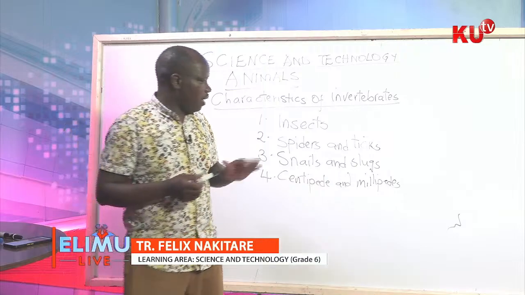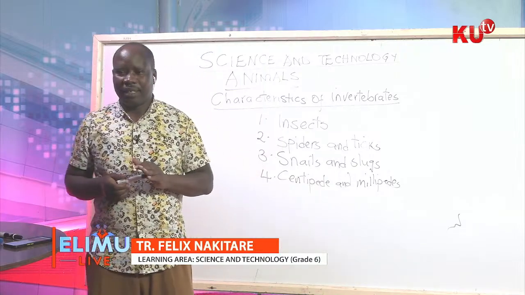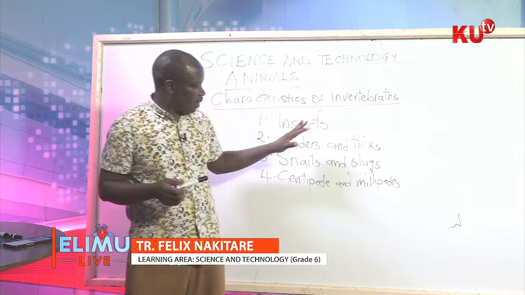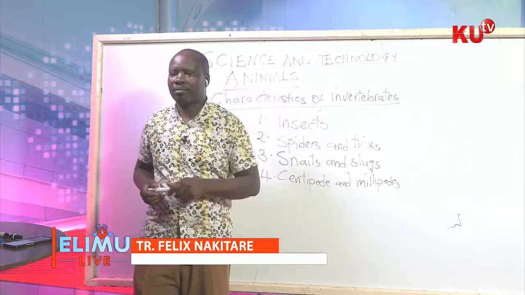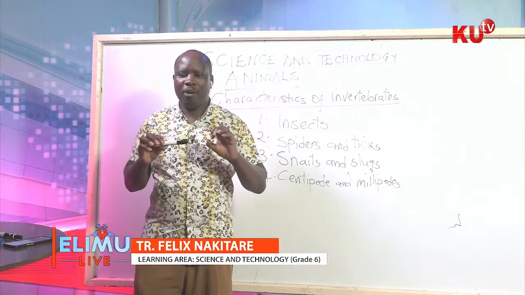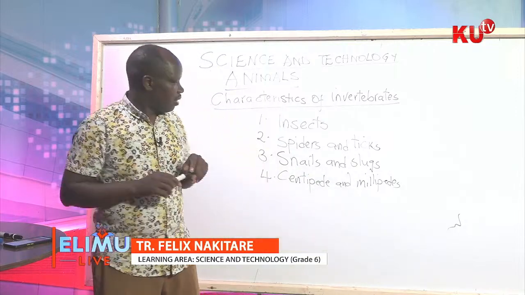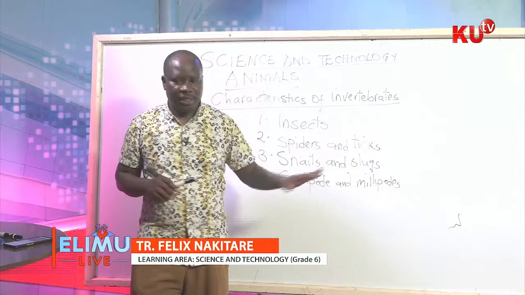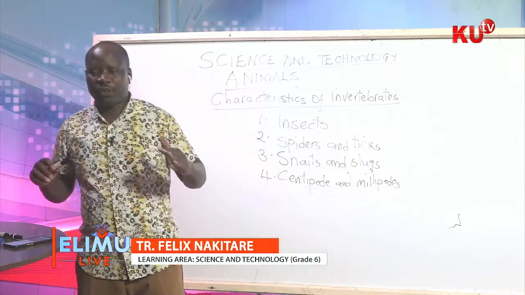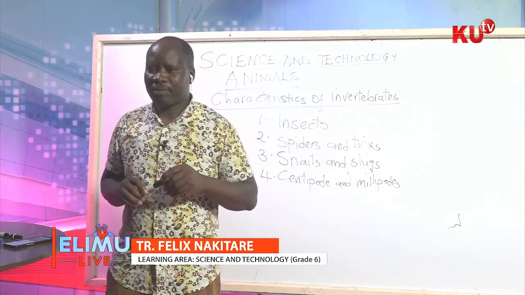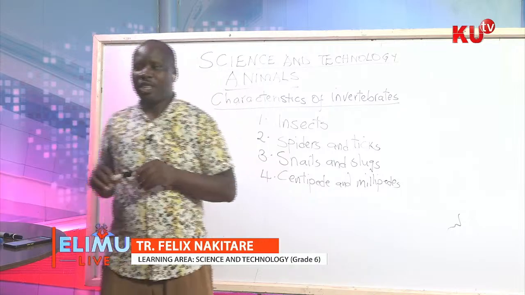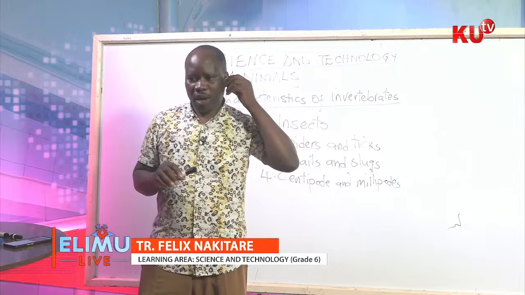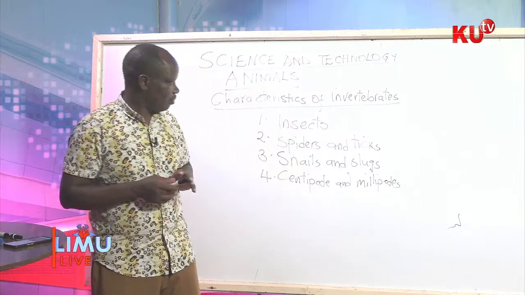Therefore, if you are asked to give the characteristics of any of these invertebrates, will you be able to get? We shall start again to go through each of them quickly and see the characteristics so that you are sure when you are asked.